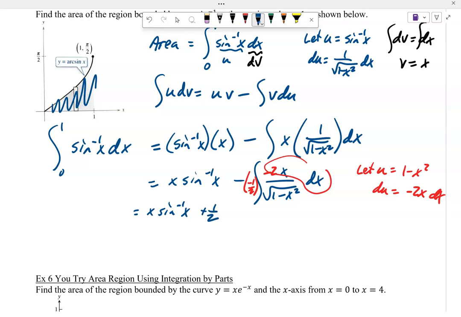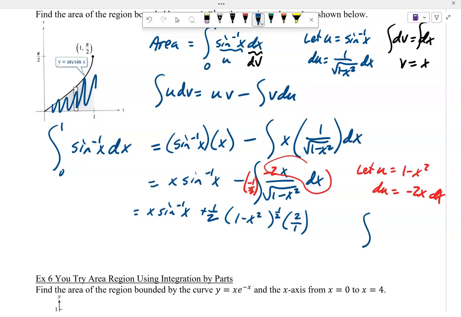And then I'm taking u to the negative 1/2, right? I'm integrating u to the negative 1/2, which will be u to the 1/2, negative a half plus 1, 1/2, all over 1/2, which is times 2 over 1.